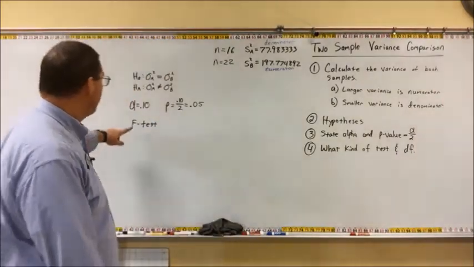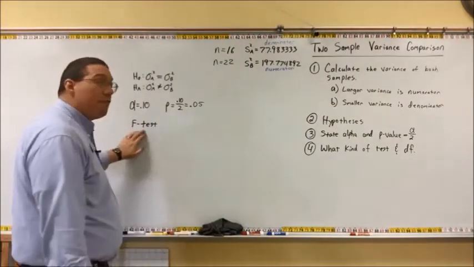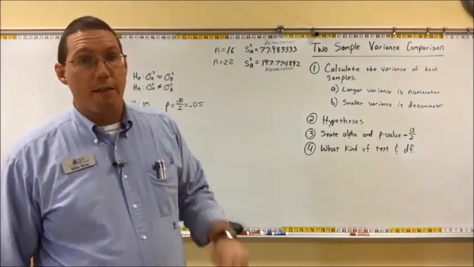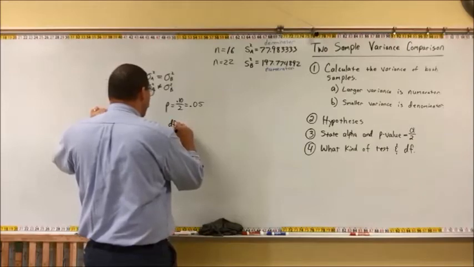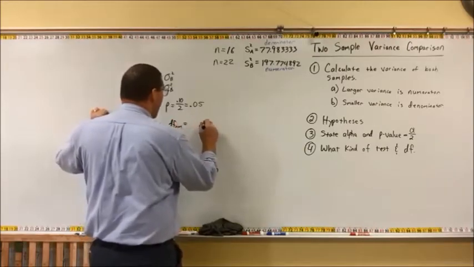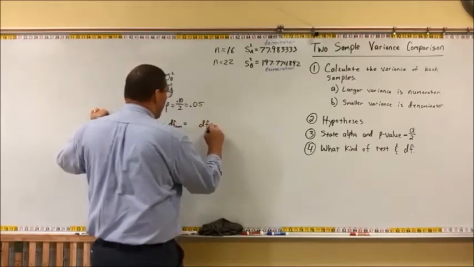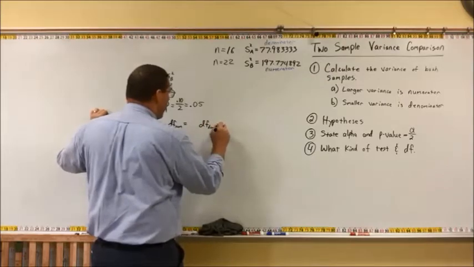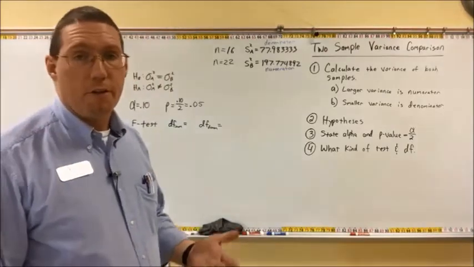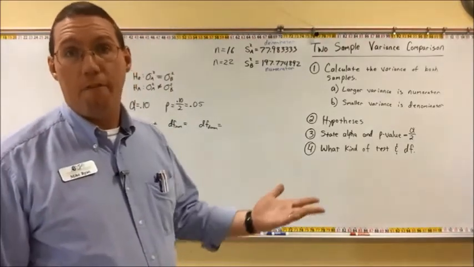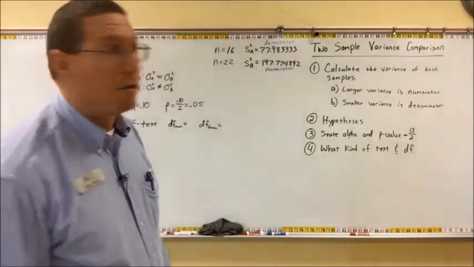Okay? So this is an F test, and F tests have 2 different kinds of degrees of freedom. We have the degrees of freedom for the numerator, and we have degrees of freedom for the denominator. And they are, again, like what we've learned before, n minus 1.